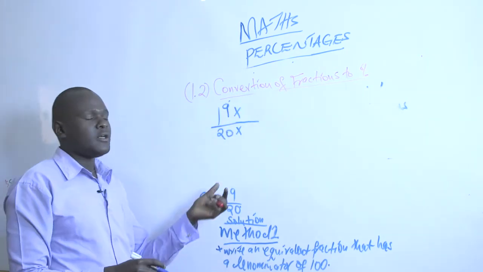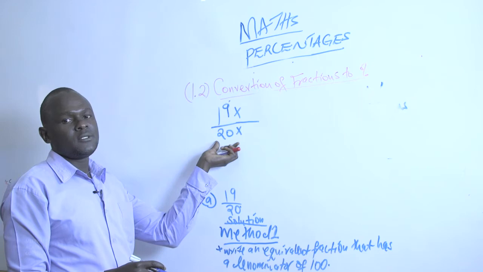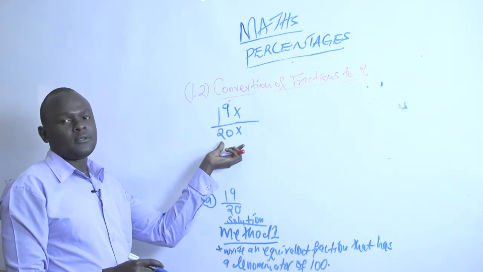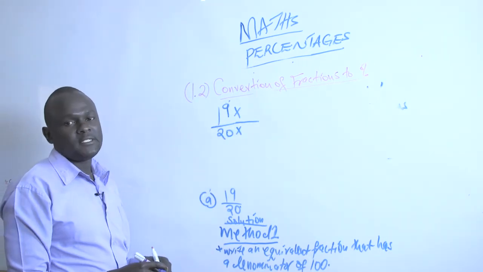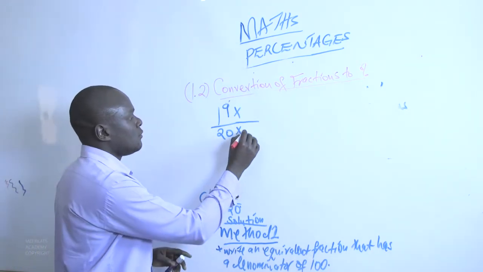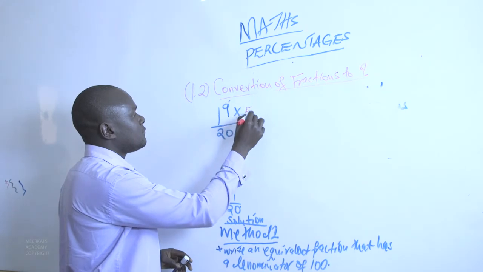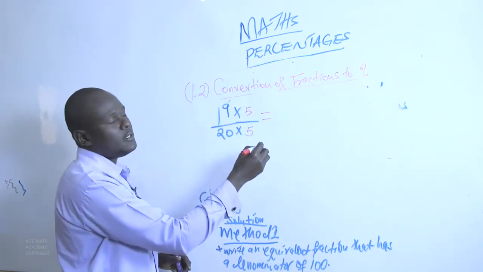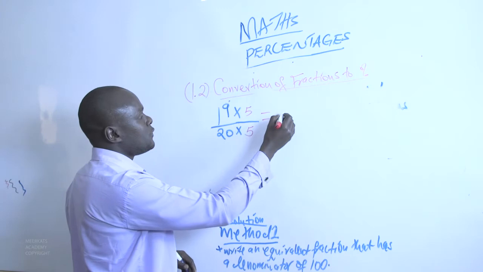We look for a number that when we multiply with the 20, it will give us 100, and the same number will be multiplied by 19. So this number will be 5.